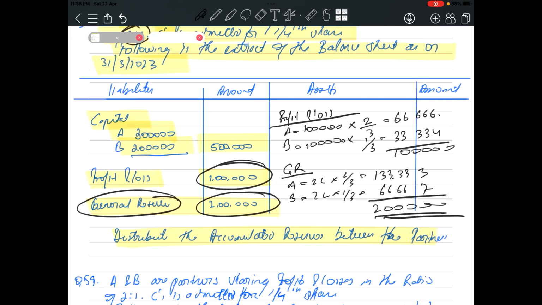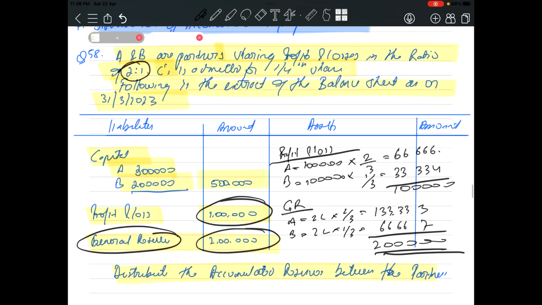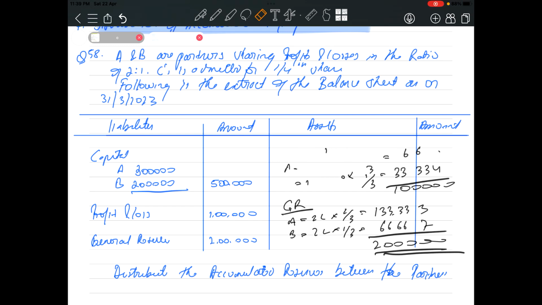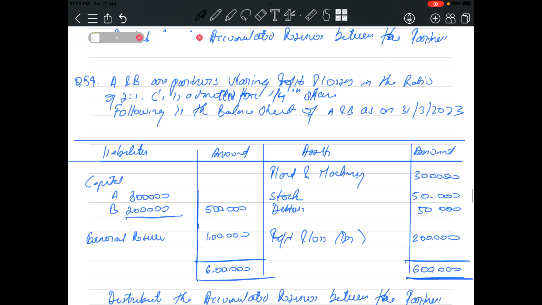So this is the treatment of accumulated reserves. If you want, you can pause the video and note this down. I hope you have understood this. Now we are done with question number 58.